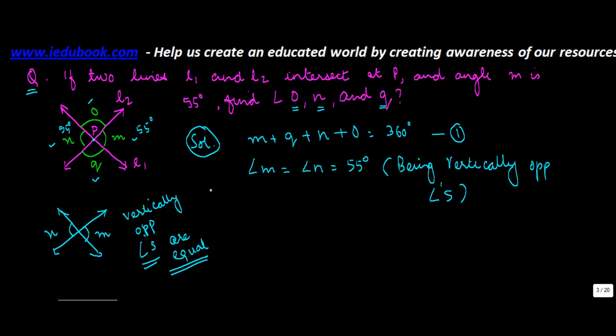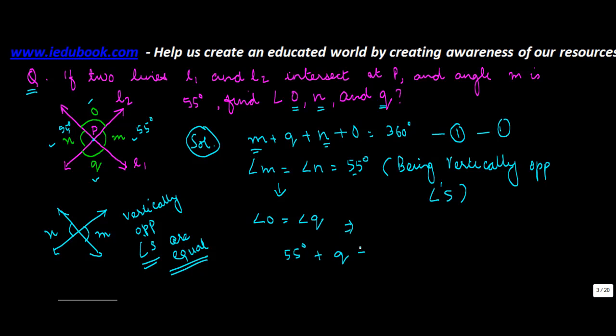Now, if you notice, there are two ways of looking at it. One was that, similarly, just like this, you also have that angle O is equal to angle Q, right? Now, if you substitute the value of M and N, which is 55 degrees, let's say you substitute the value of M. M is equal to how much? 55 degrees plus Q. What is the value of Q?